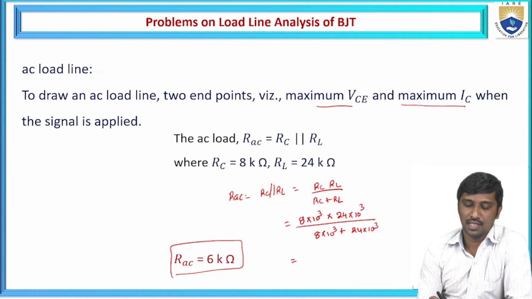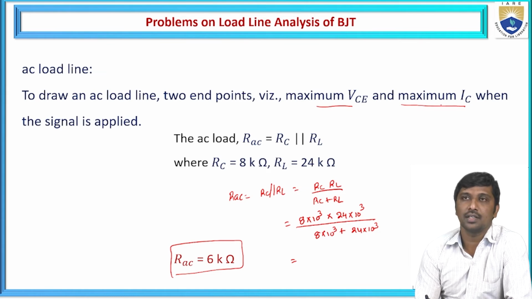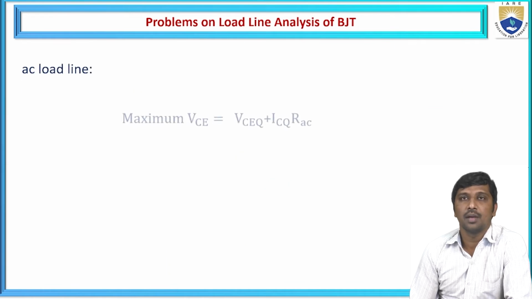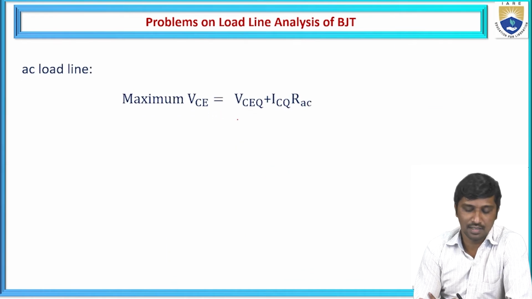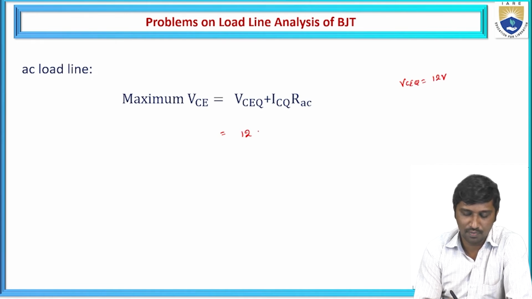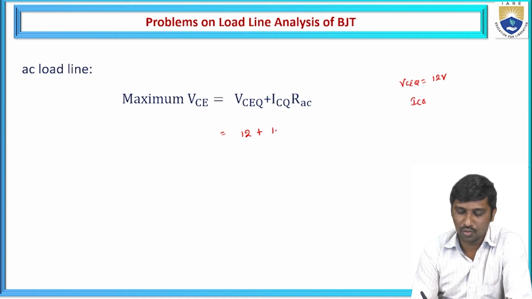Now we need to calculate the maximum VCE point and the maximum IC point to determine the AC load line. Hence, I'm going to find the maximum VCE. The maximum VCE is represented as VCEQ plus ICQ into RAC. We observe that VCEQ is 12 volts, so this is 12 plus ICQ, which is 1.5 milliamperes, as we saw just now.